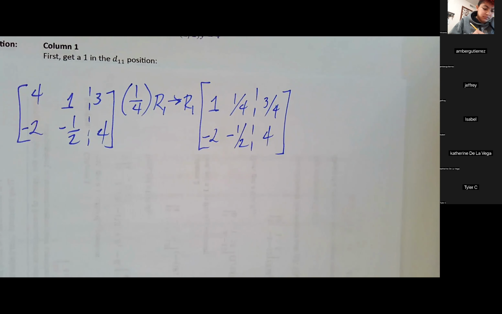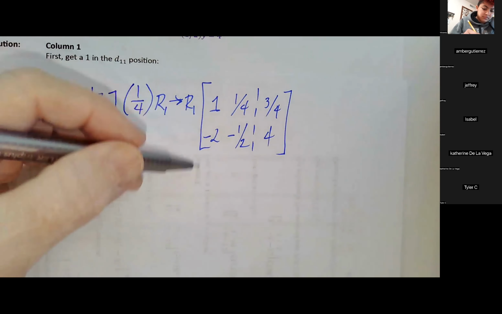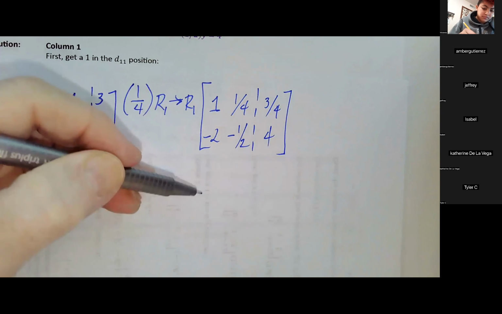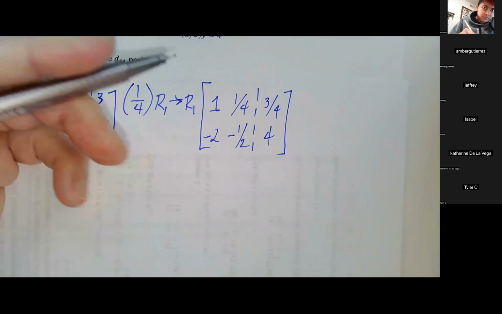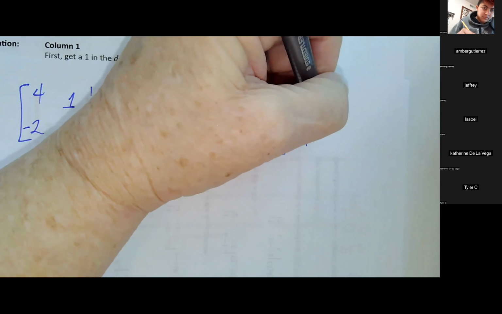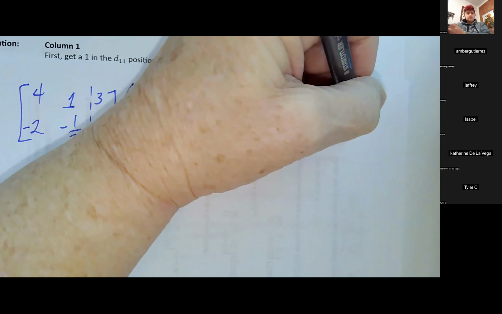And what row do we use? Which column are we in? Column 1. We're still in column 1, so we're going to use row 1. So 2 times row 1 plus row 2 will give us a new row 2.